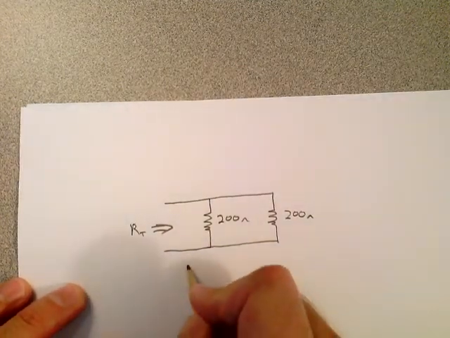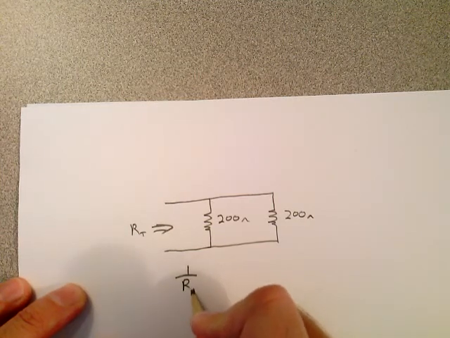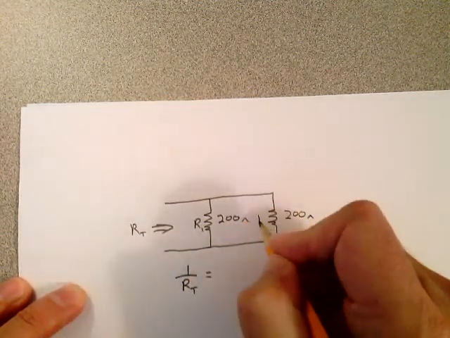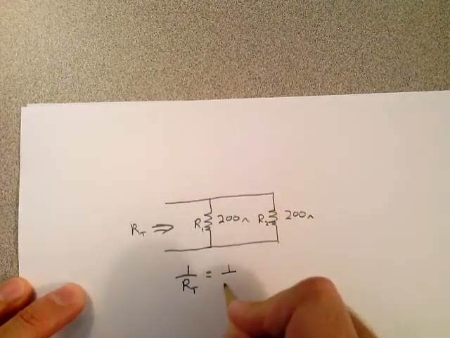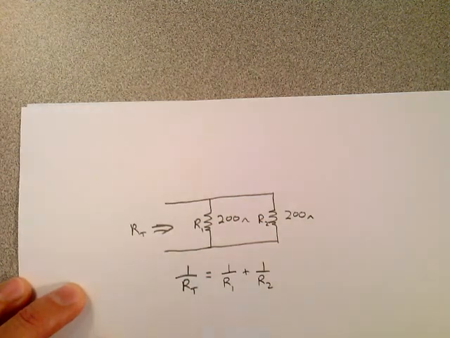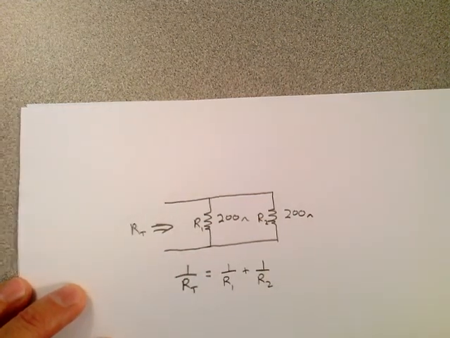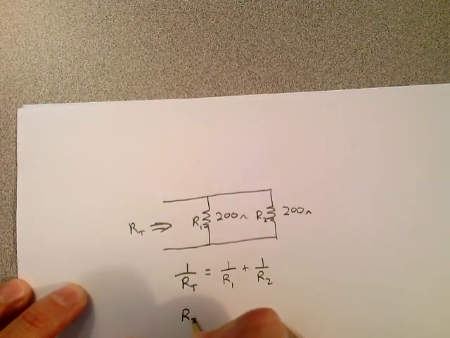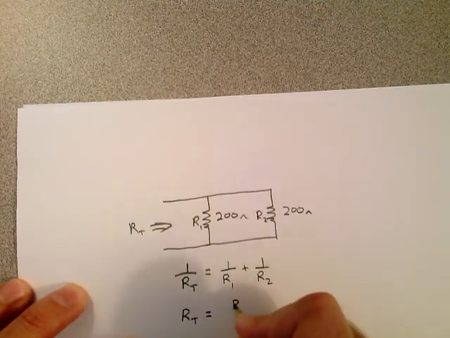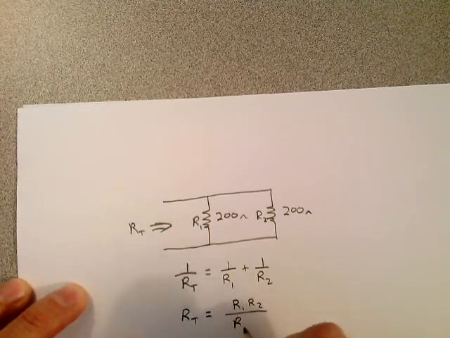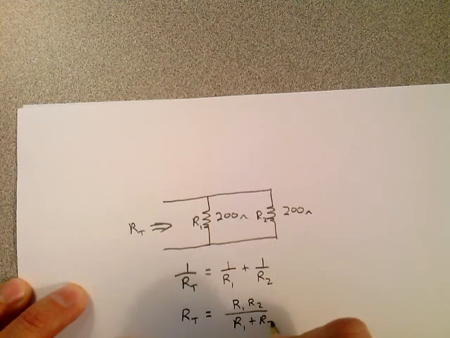Well, we know that 1 over RT is equal to, let's call this R1 and this R2, 1 over R1 plus 1 over R2. Getting a common denominator here and working this out, you'll find that RT is just equal to the product over the sum of those resistors. That's all.